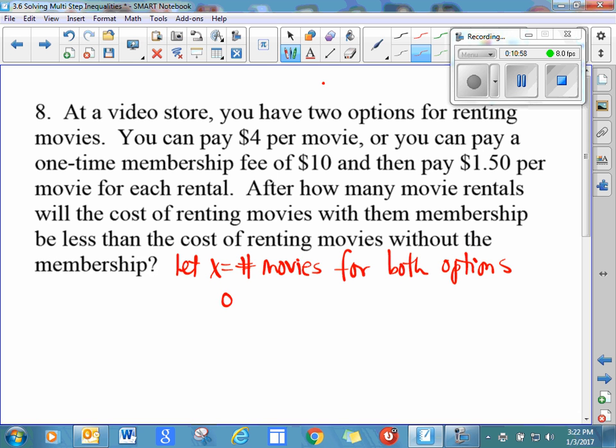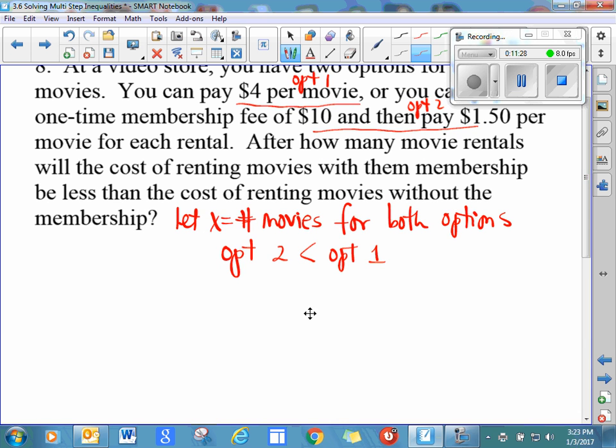And we want to know, when is option, let's call this option 1, not joining, and then let's call this option 2. And we want to know, after how many movies is option 2 going to be less than option 1? So now we've done sort of a verbal model here. And now we have to actually put some numbers and write an inequality here.